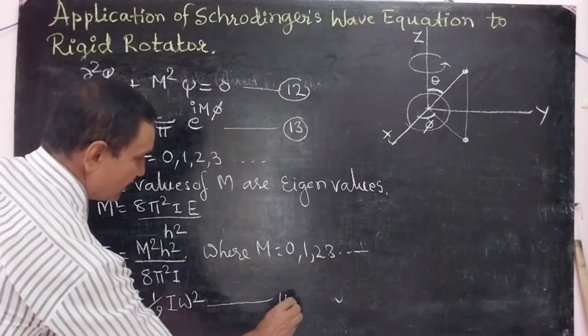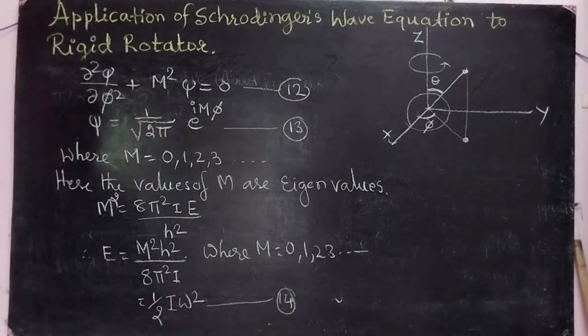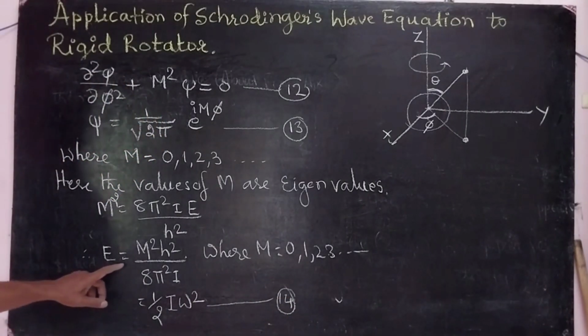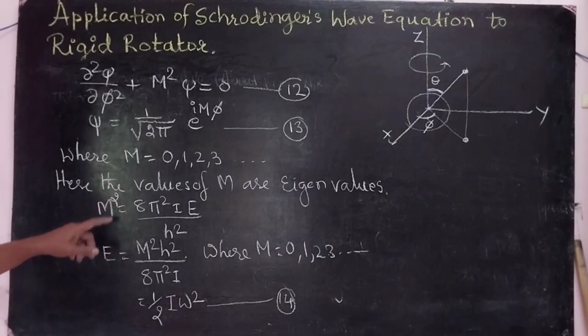Suppose this is equation 14. This indicates the energy levels of the rigid rotator along the axis in a fixed plane.